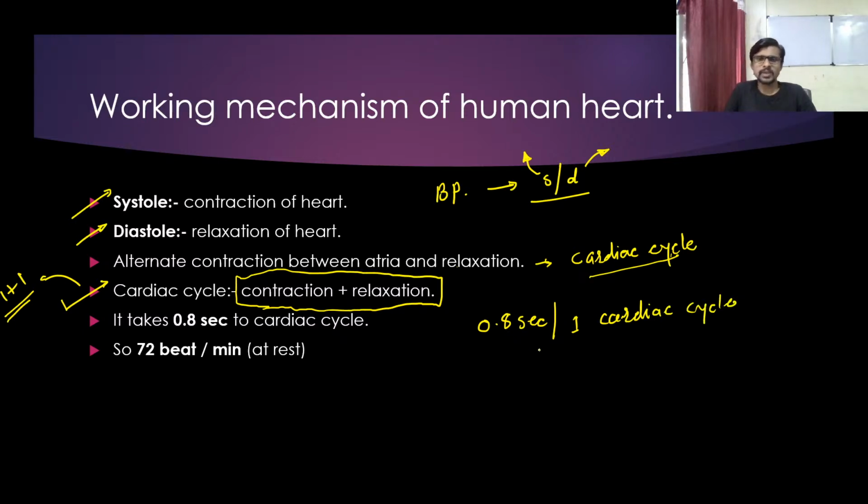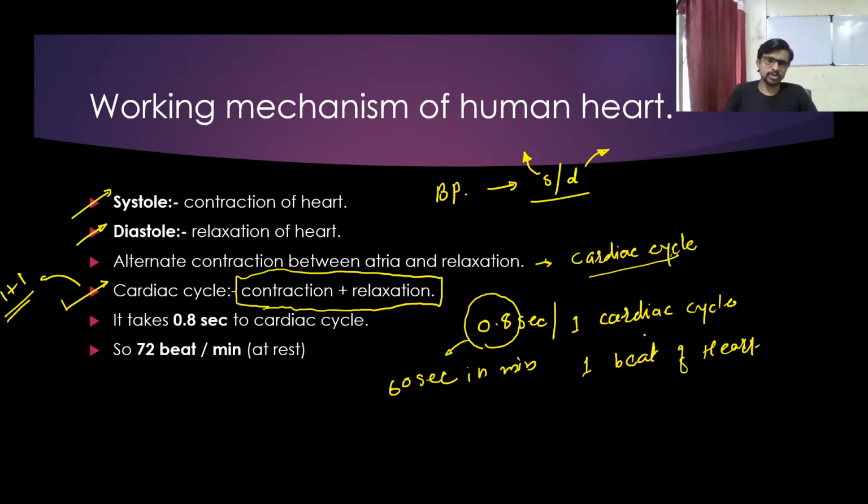We call it one beat of the heart. We know there are 60 seconds in a minute. Not even a single complete second is required to complete one cardiac cycle, so for 60 seconds the count is always more than 60, and the heartbeat or cardiac cycles are 72 per minute.